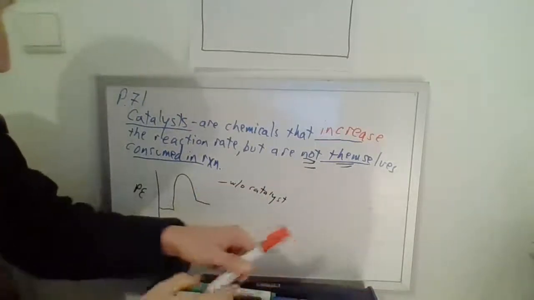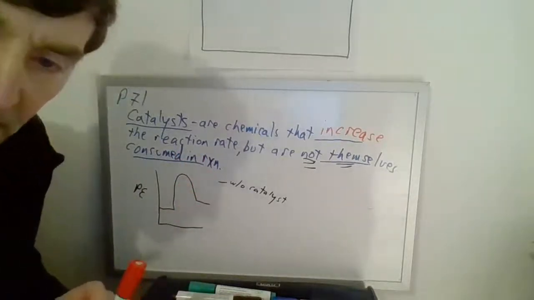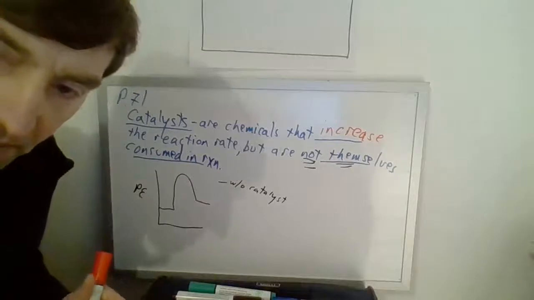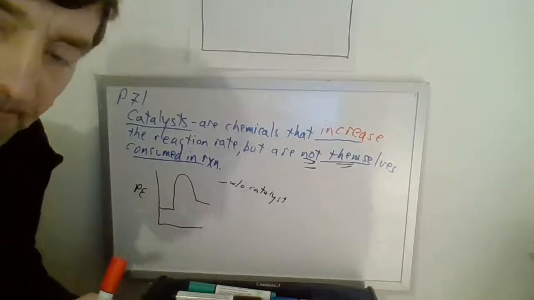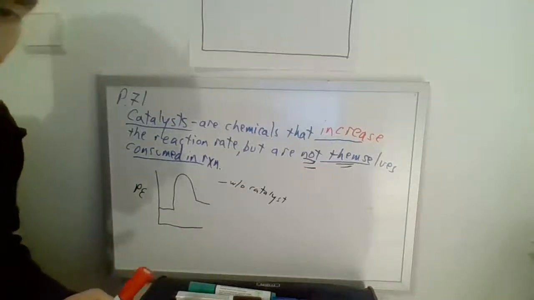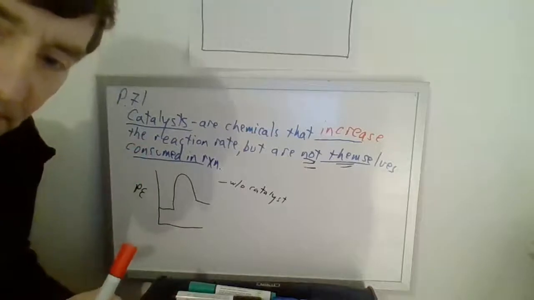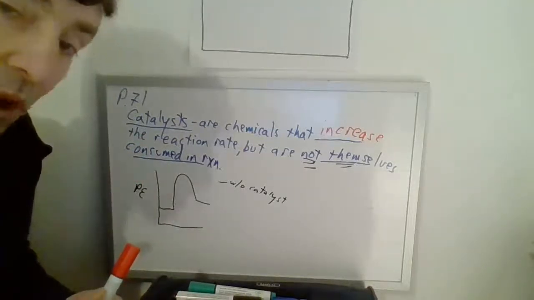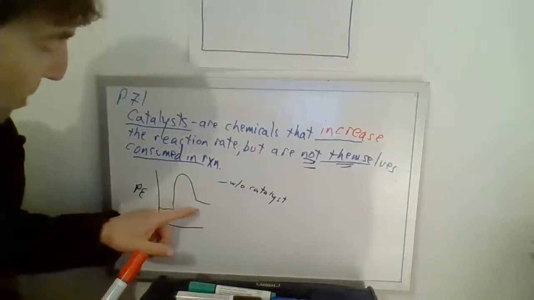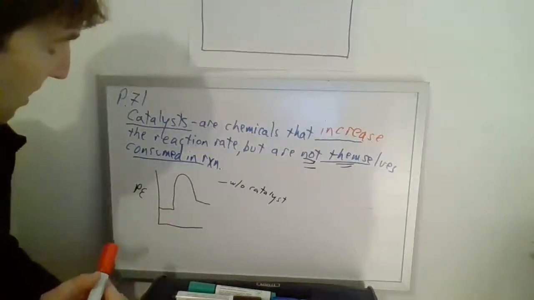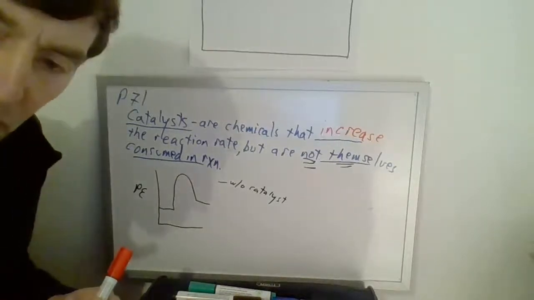What do you think it'd look like with a catalyst? Type in your answer, and then we'll draw it together. It's a slightly endothermic reaction, and with a catalyst, how will the picture change?